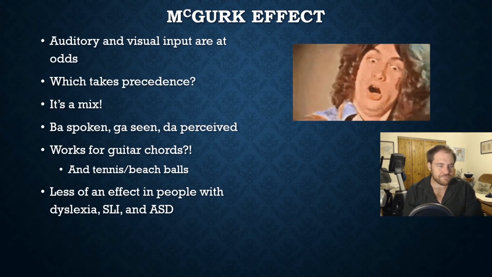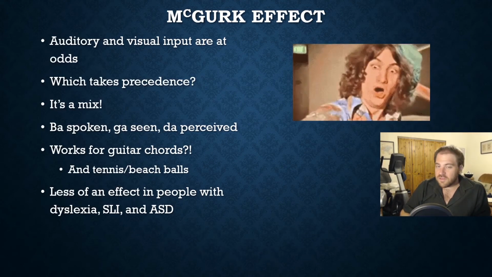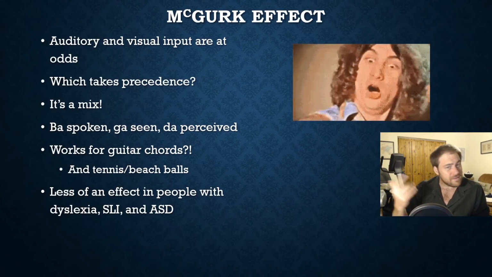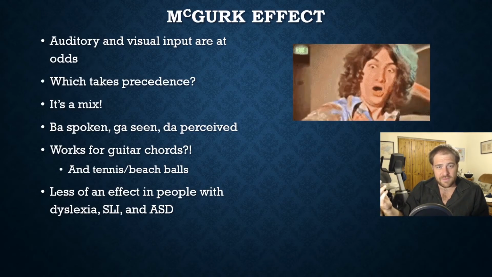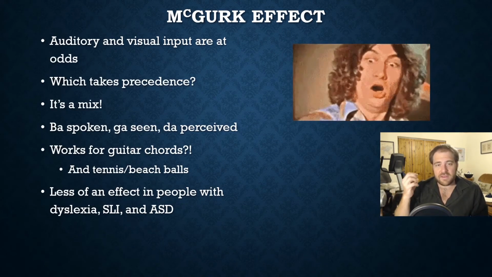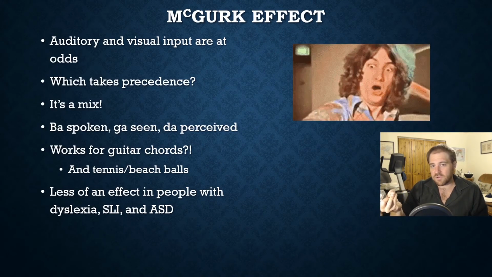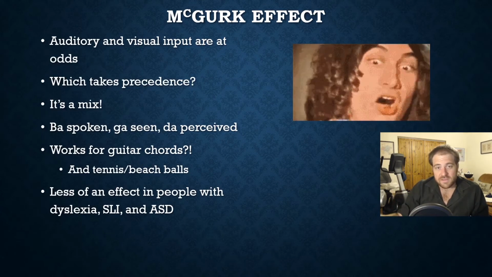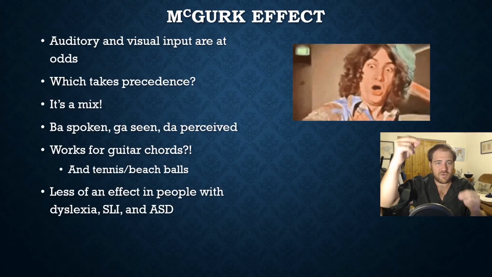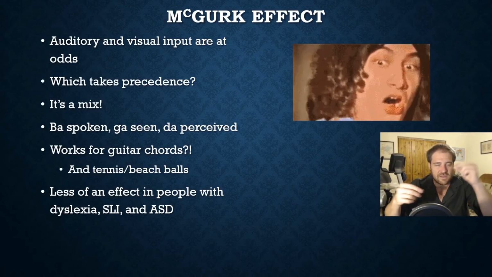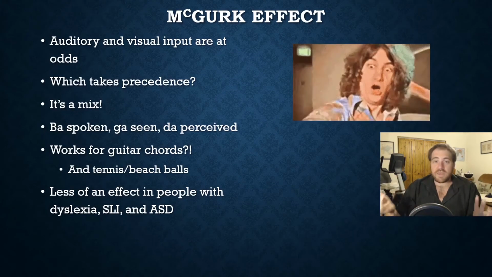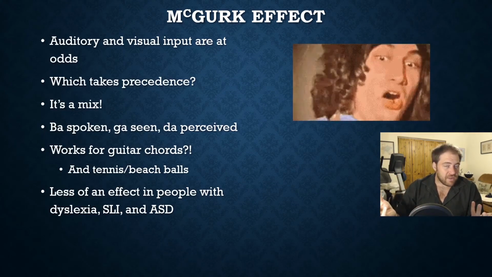Really strange. What's really also strange is that we see less of an effect in people with dyslexia. I don't really see the link there. That's really interesting. Specific language impairment and also autism spectrum disorder. It's possible that this split between the two senses, between audition and vision, could maybe be what gives rise to specific language impairment.